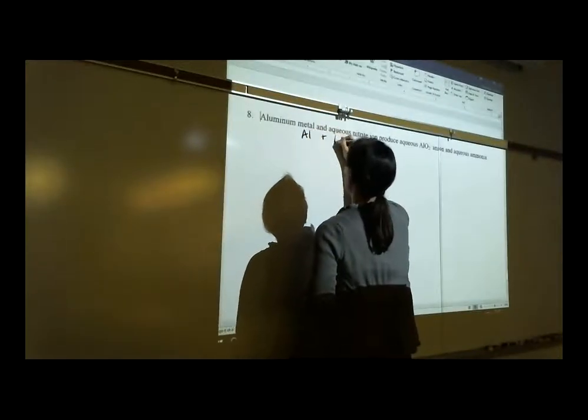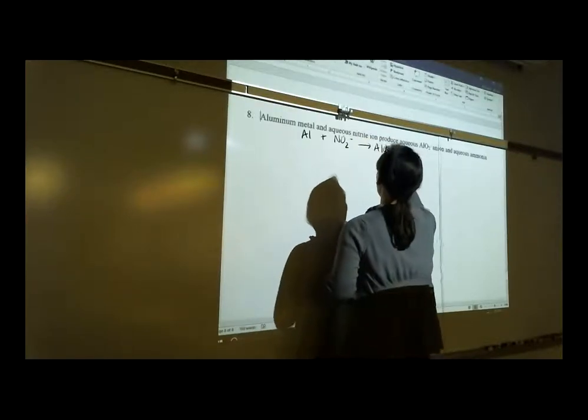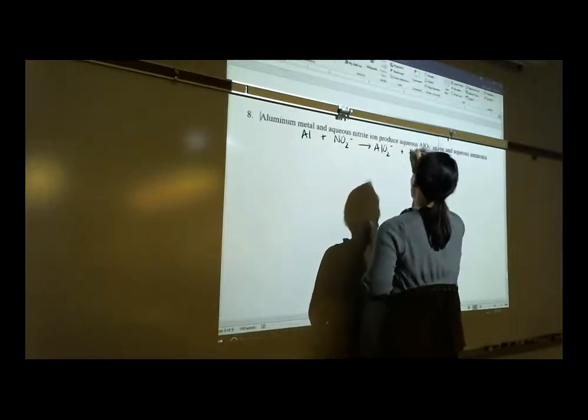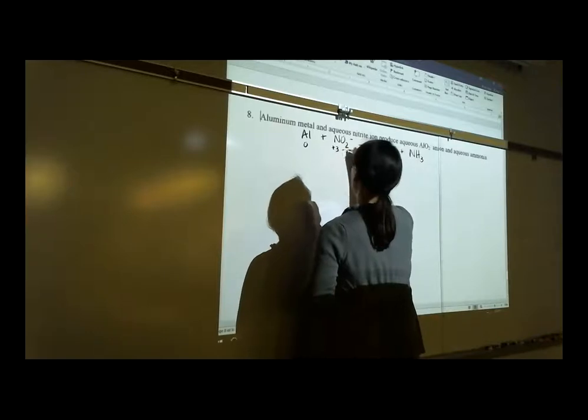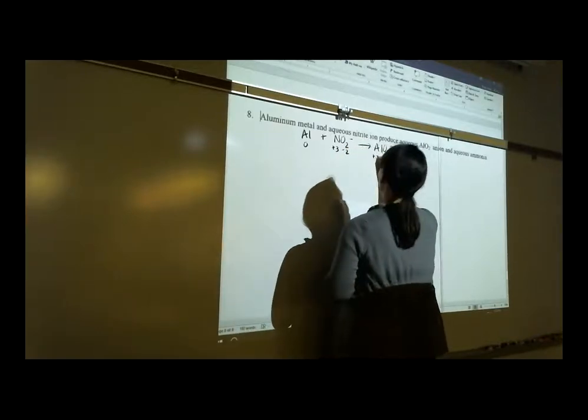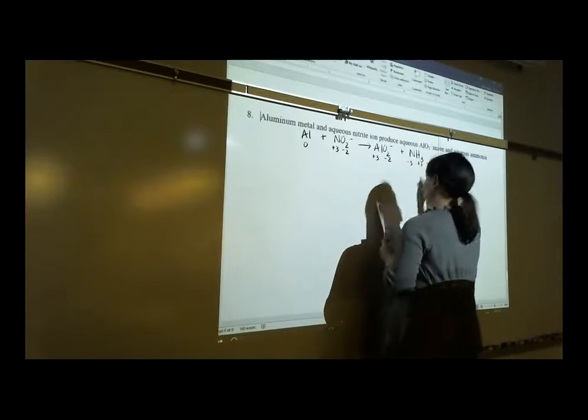So, Al, NO2 minus, AlO2 minus, and NH3. All right, oxidation numbers: 0, plus 3, minus 2, plus 3, minus 2, minus 3, plus 1.